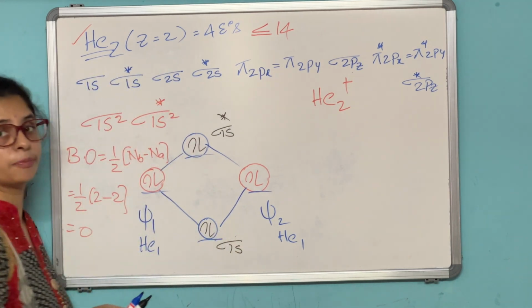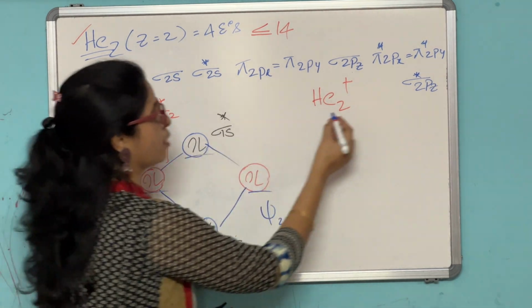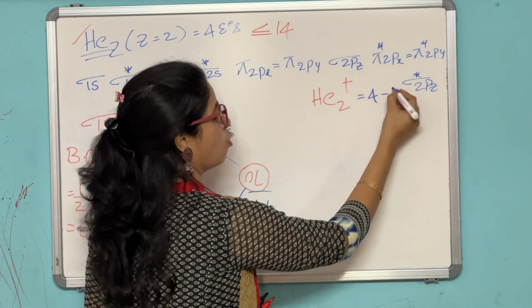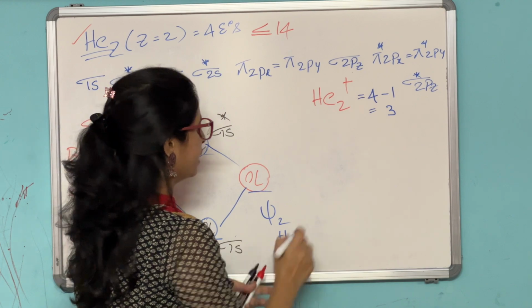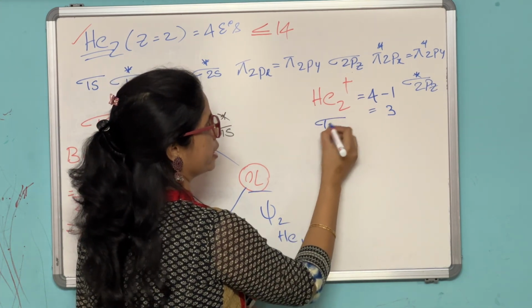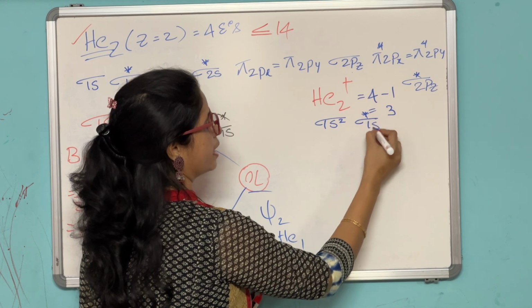Next, write the electronic configuration and draw the energy level diagram for He2 plus. He2 plus means the total number of electrons is 4 minus 1, which is 3. The electronic configuration is sigma 1s2 and sigma star 1s1.